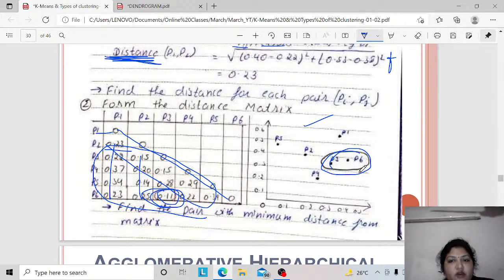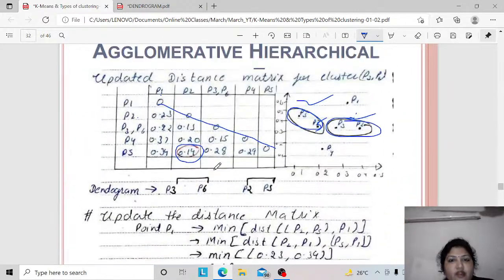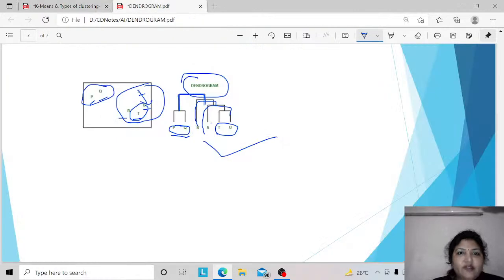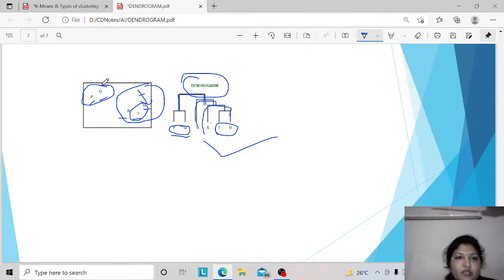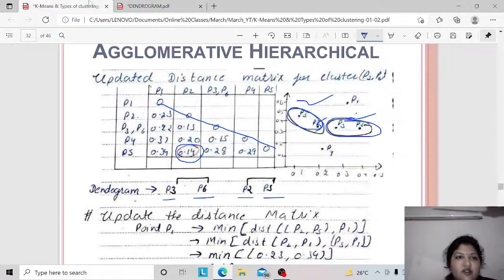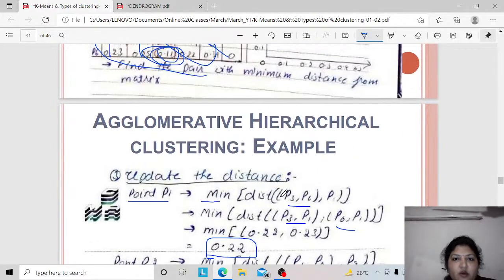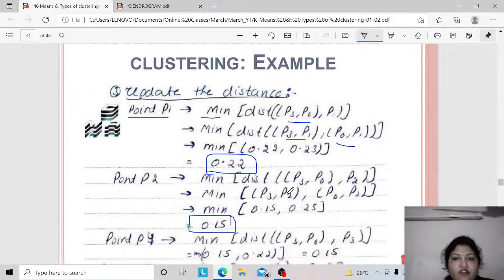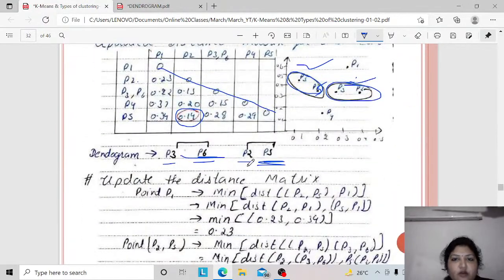Again the same procedure we have followed. You have P3 and P6 as one dendrogram, and P2 and P5 as another dendrogram, right? So as you are calculating one distance, at the same time you are going to make these dendrograms, right? You make the dendrogram at the same time. Over here, when we have made this part, we have made two clusters out of it.